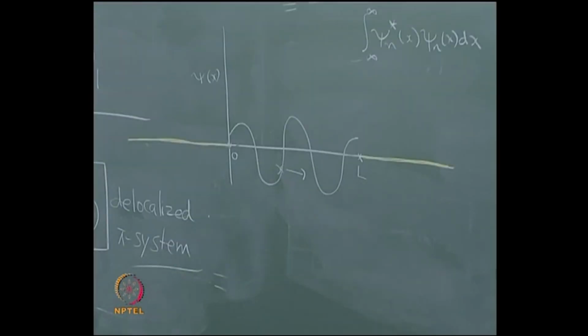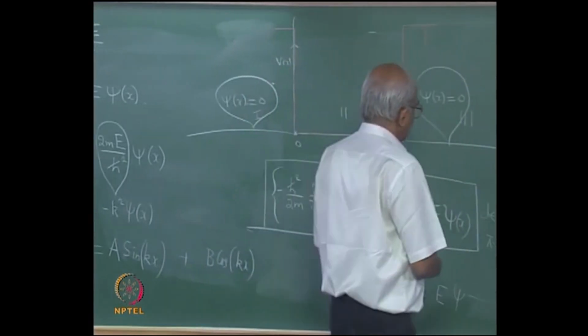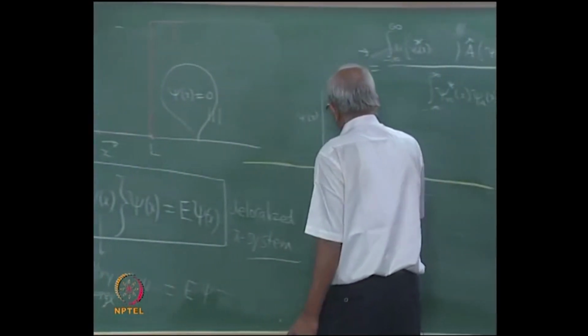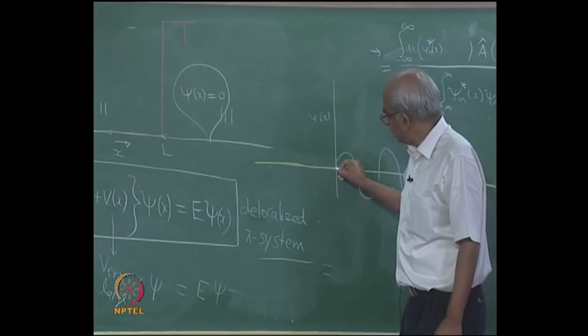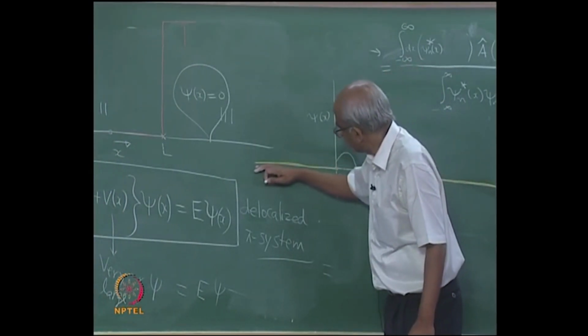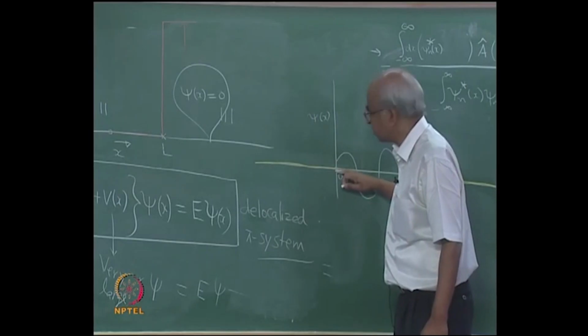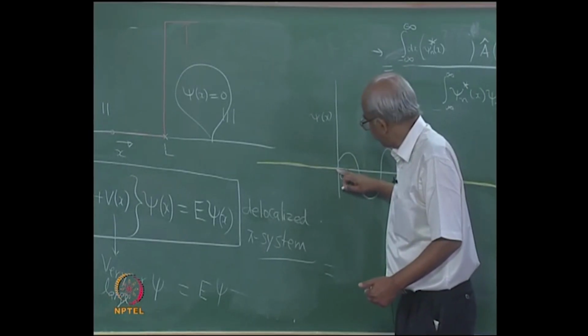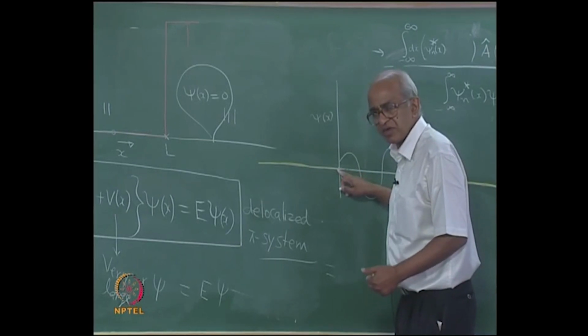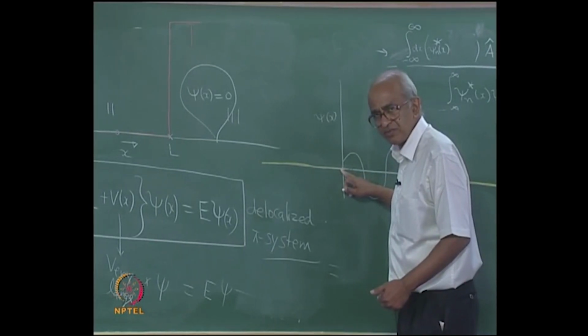But then when you look at this, you would feel a little bit unhappy. Why? Because you see, if you look at this function, you look at the point x is equal to 0. At this point, if you are approaching from the left hand side, what will happen? The wave function is always 0, and even very close to this point, the wave function is actually equal to 0.